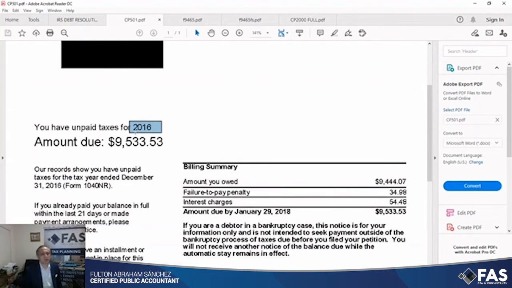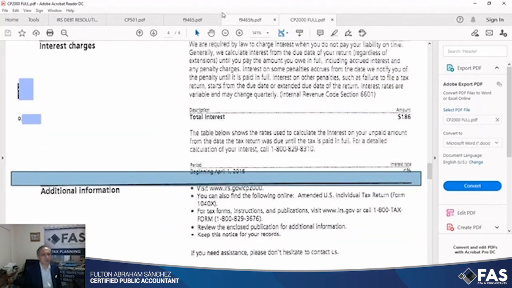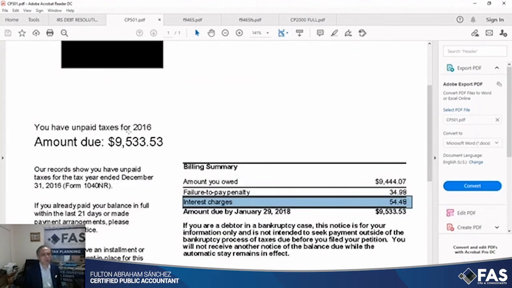So, for example, on the $9,533 that is owed, the IRS is already considering interest charges of $54. This $54 with 48 cents is the application of the 4% interest rate to the amount owed for 1 month. The next month, when you receive the next letter, this will probably double.